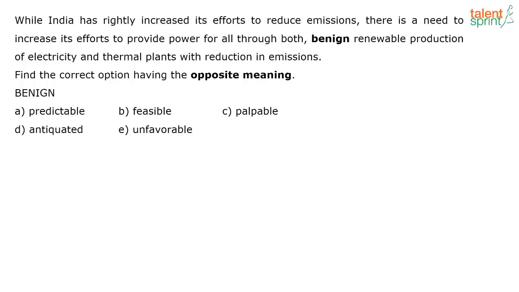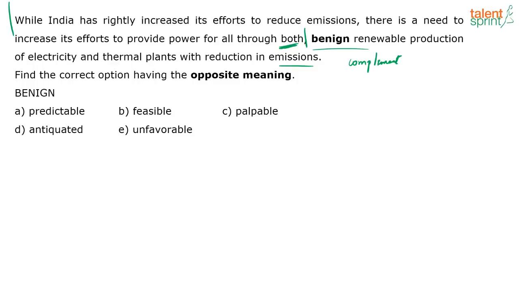Okay. So this is a slightly complex sentence, right? Because if I look at my clauses, it's just two clauses, but my highlighted word is coming after the two clauses. It's almost like a complement. What's a complement? Something added to the sentence to make the meaning complete, right? This entire thing, benign renewable production of electricity and thermal plants with reduction in emissions, is just additional information, explaining this both.